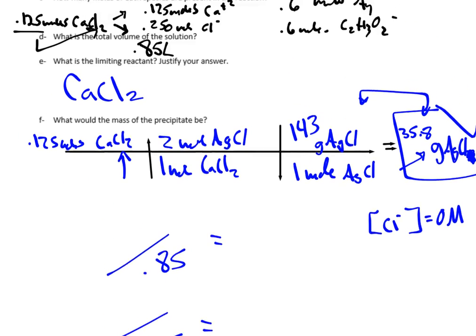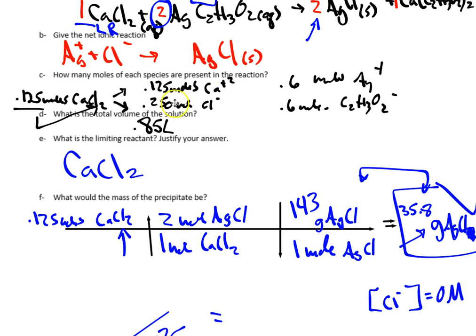Okay? And I just need to go find their initials. Now, that's the nice part of part C, is I already have those written out. So I need acetate. Okay? And calcium, just for writing purposes. I'll just put it right there. So the calcium was 0.125. So I wrote it right there.